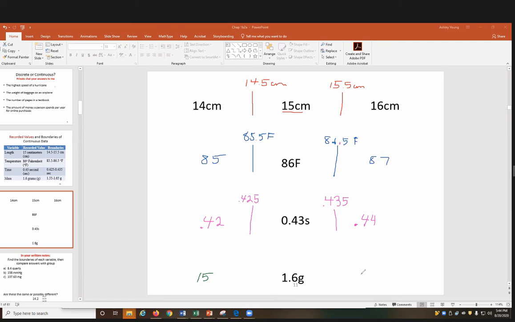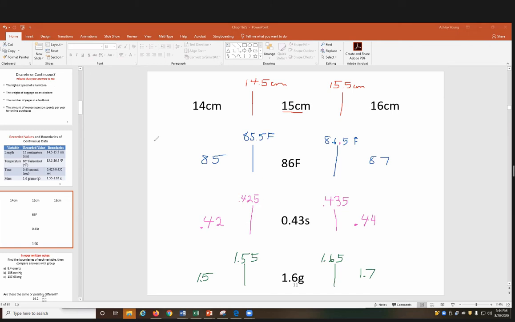So between 1.5 and 1.6, just do 1.5 and add a 5 to the end. Piece of cake. Done. And then here, between these two, 1.6, and just add a 5 on the end. Because remember, the boundaries are always one more decimal place. Just add a 5 to the end of the lower number.